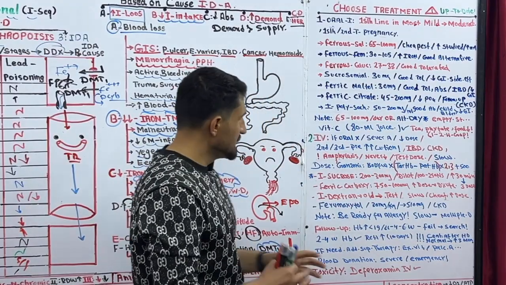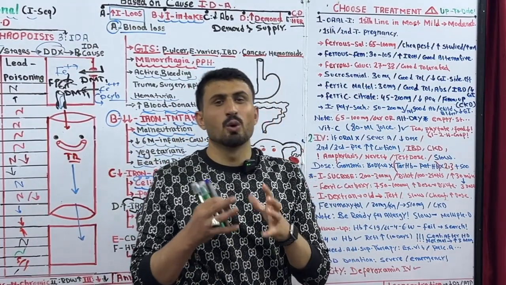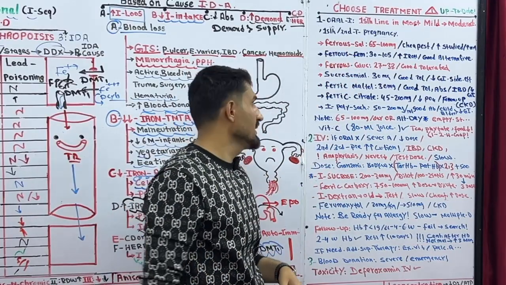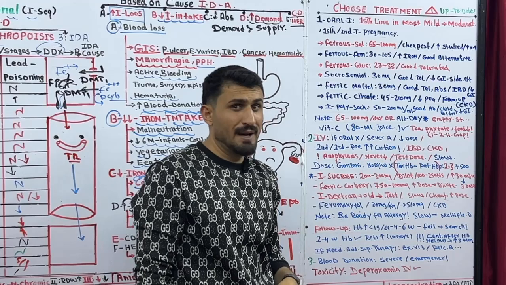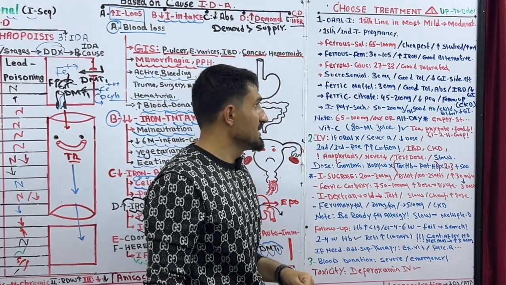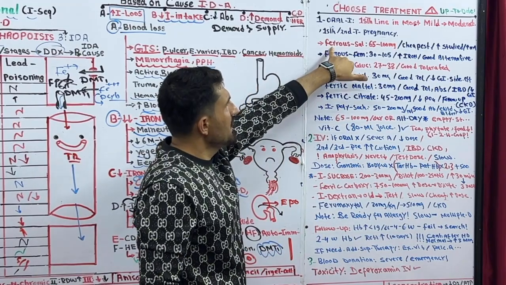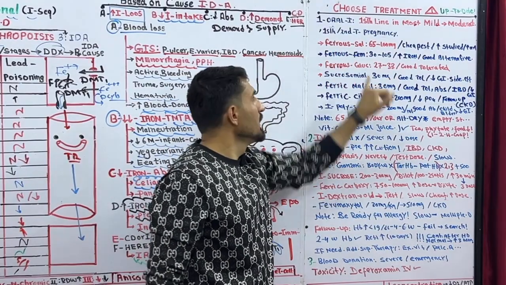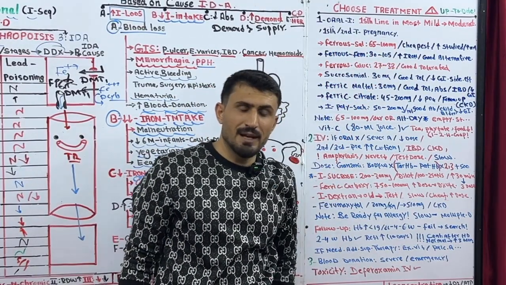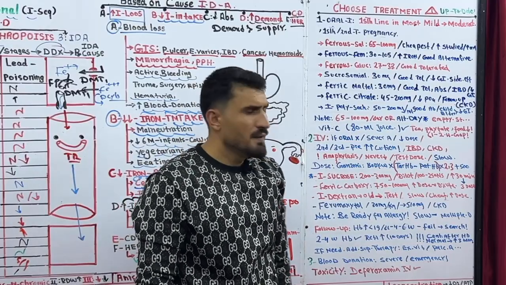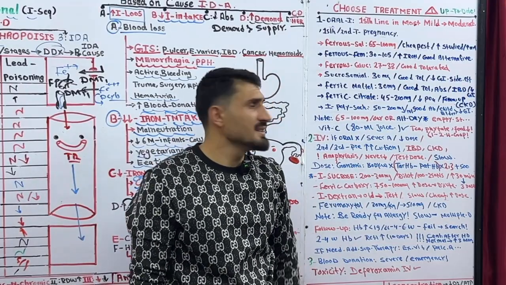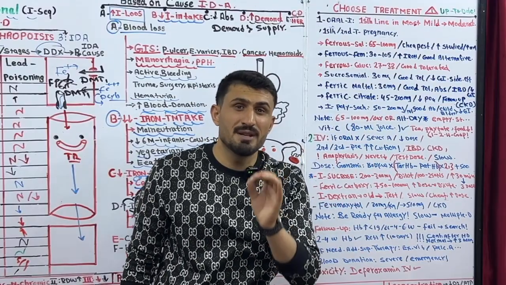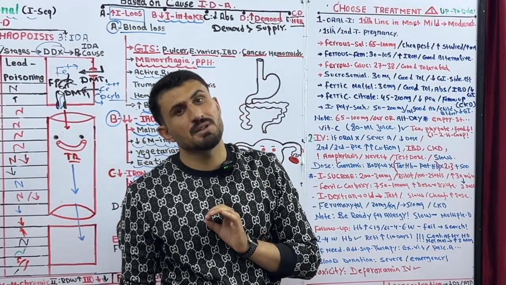Now we have different types of oral iron. I'll tell you some differences among them, and you have to study the pharmacology of them. One type of oral iron is called ferrous sulfate. Ferrous sulfate contains around 65 to 100 milligrams of elemental iron. What do I mean by elemental iron?